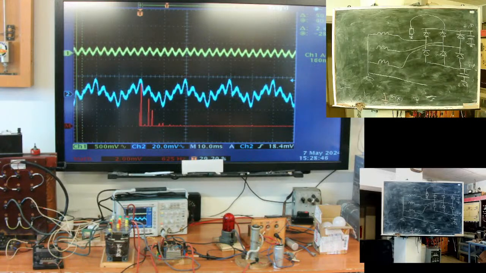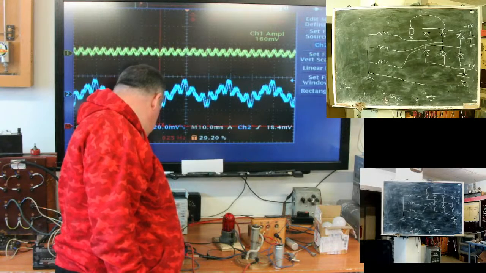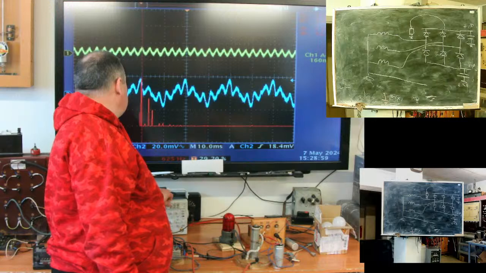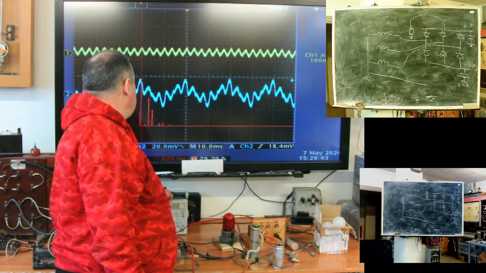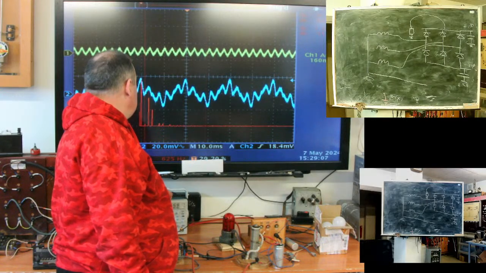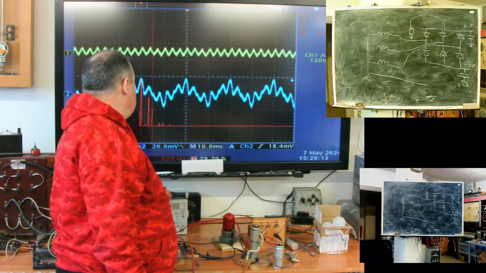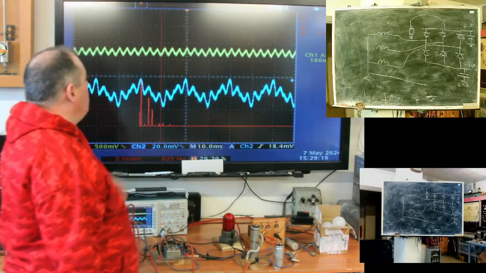So here, the blue line is phase current. Again, we have 50 hertz, nothing at third harmonic, fifth, and seventh, or very small.